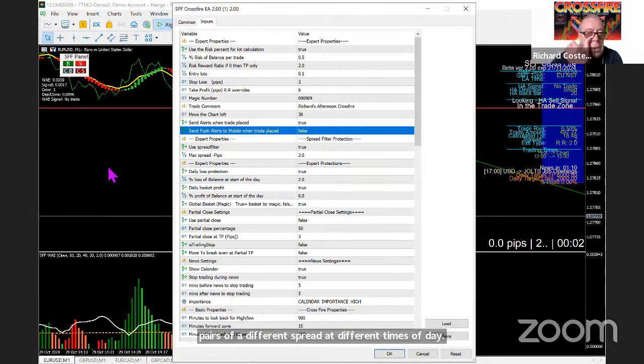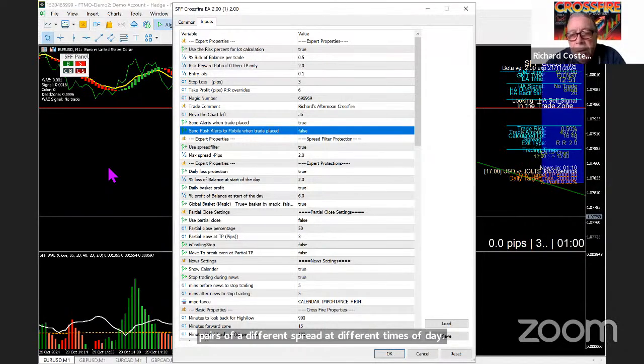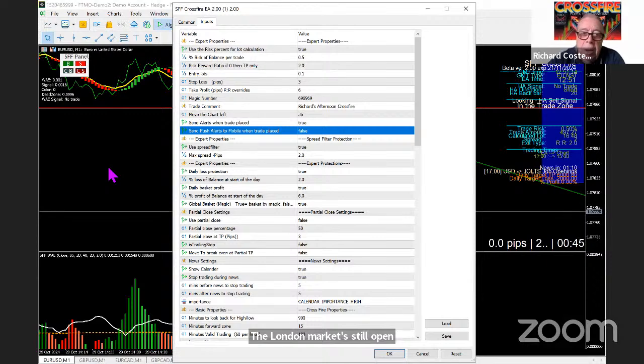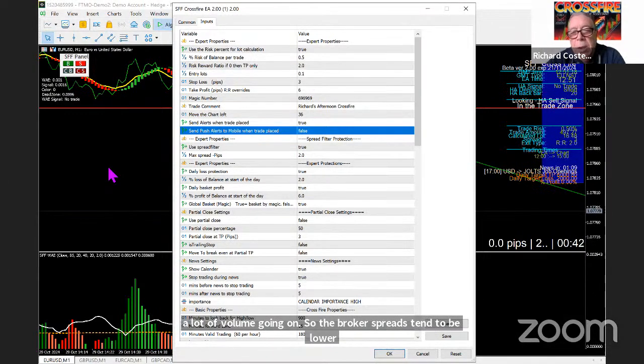So if you look at during the Asian session, the spread will be much higher than it is during the New York session. So we're in the New York session now. The London market's still open. There's a lot of volume going on, so the broker spreads tend to be lower between sort of 9 in the morning and 5 in the afternoon.